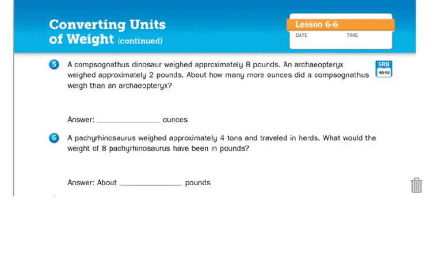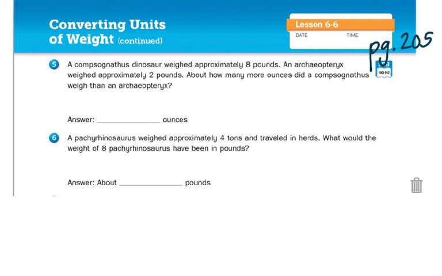Moving across the page, you are going to move to page 205. Page 205. Number 5, a Compsognathus dinosaur weighed approximately 8 pounds. An Archaeopteryx weighed approximately 2 pounds.